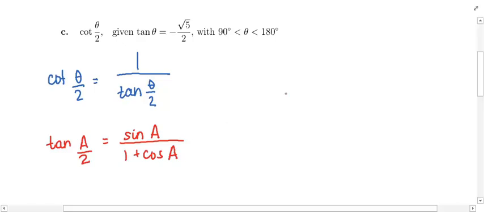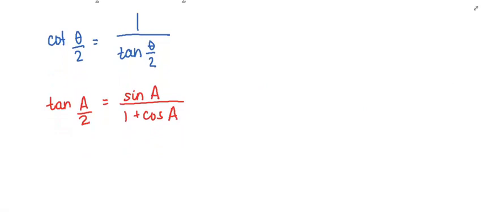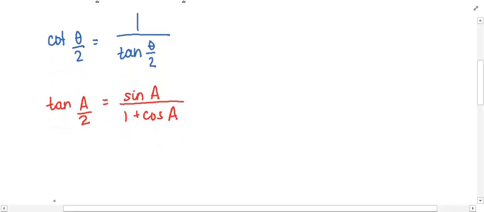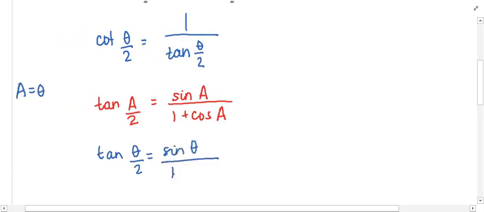If we do this, we are trying to do tangent of theta over 2. So for our purposes, A and theta are going to be equivalent. When we plug into this, this is going to be the sine of theta over 1 plus the cosine of theta.